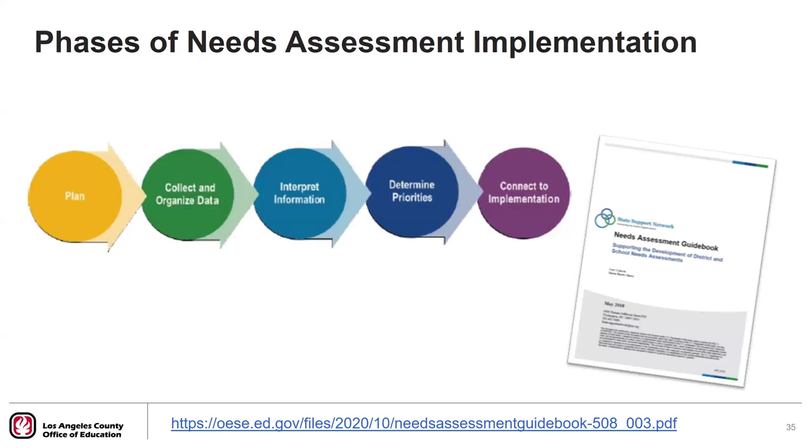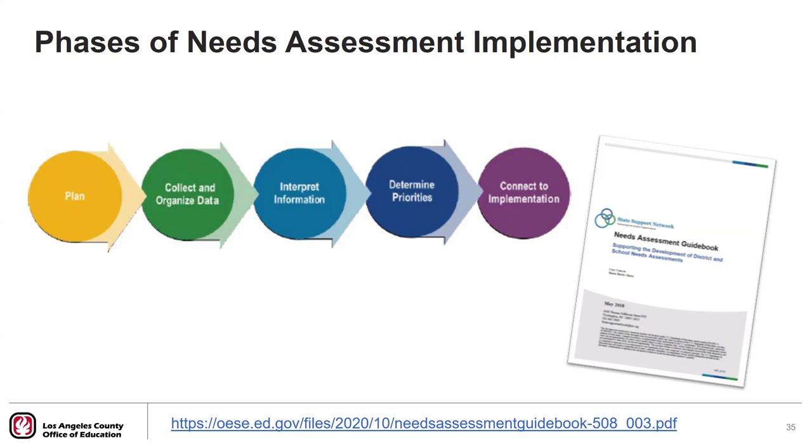So there's not one correct way to conduct a comprehensive needs assessment. And again, it's important to keep in mind that the needs assessment is a process. And so one resource that we'd like to highlight that includes a needs assessment process is the State Support Network Needs Assessment Guidebook, and we've included the link to this resource on the slide.